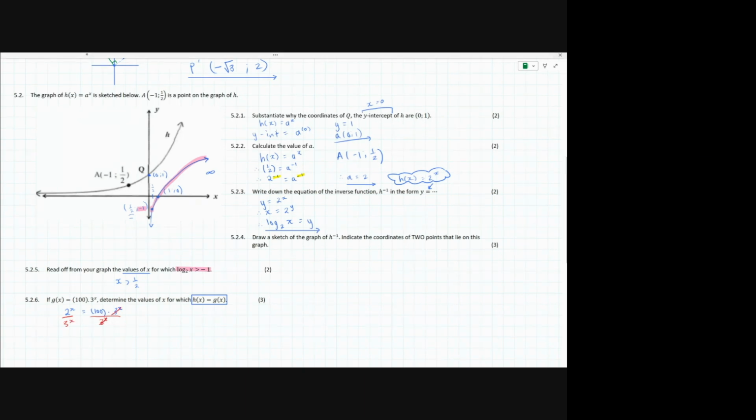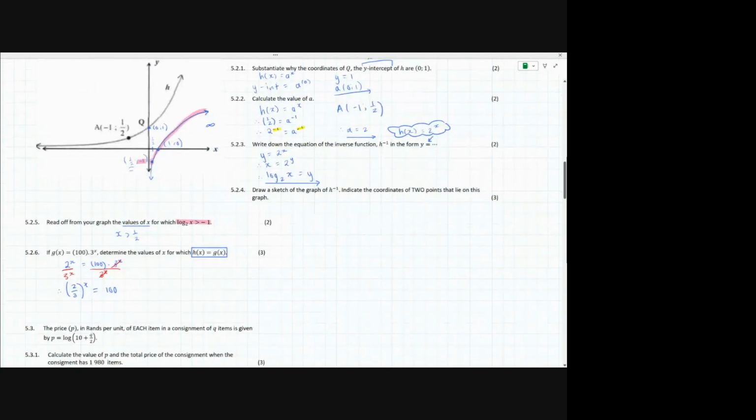So I'm going to have 2 to the power x over 3 to the power x, which we know we can write as just 2 over 3 to the power x, it means the same thing, is equal to 100. And what this now allows me to do is use logs. So log of 2 over 3 over 100 is equal to x. And then we can just type that into our calculator and we can get our answer. So x is equal to, it was like negative 11 comma something.